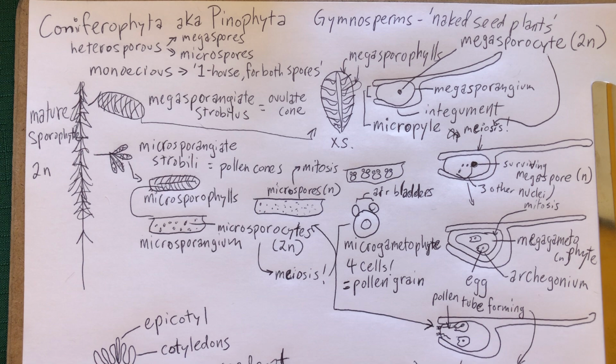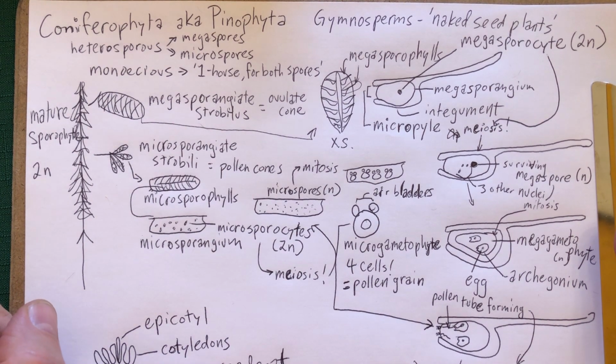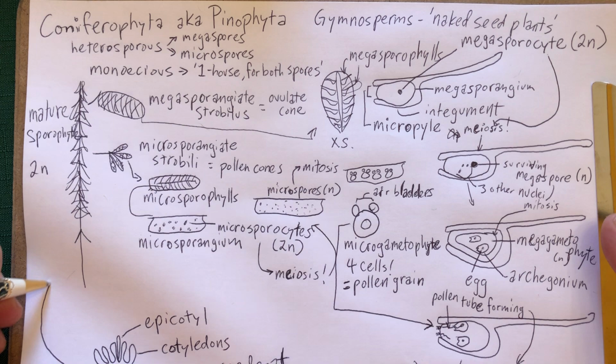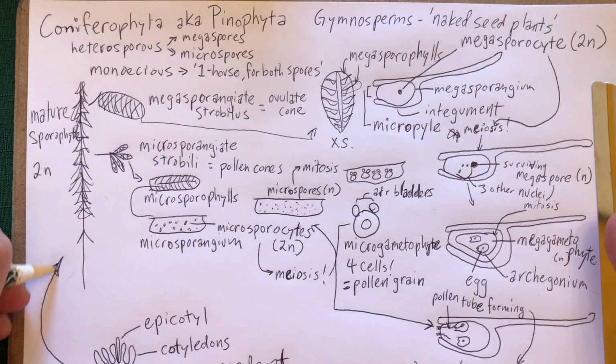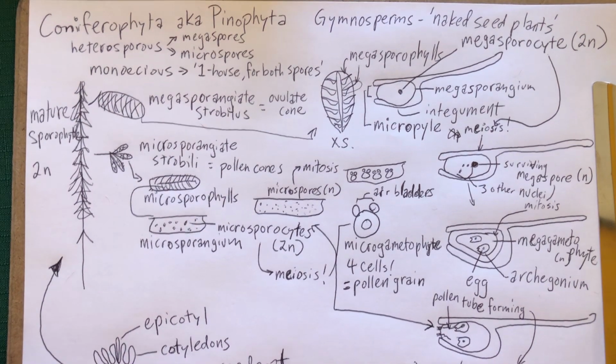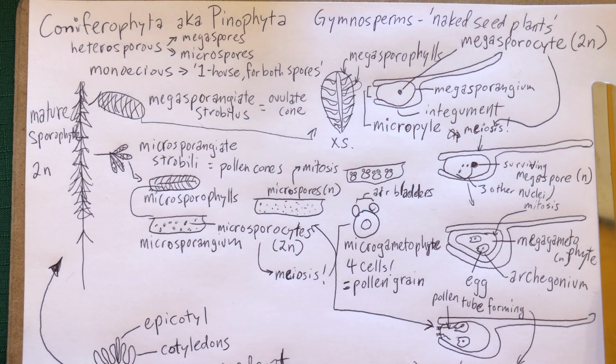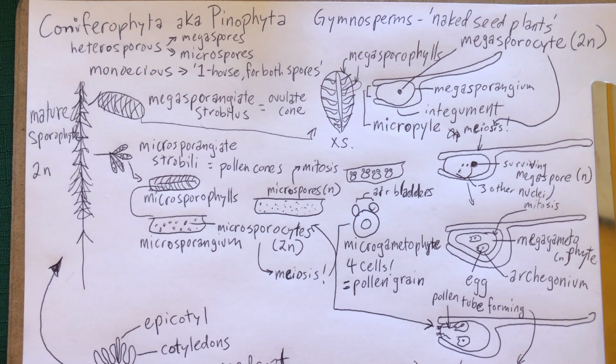But a seed, you've basically got a much better prepared for the environment type dispersal unit, because you've got an embryonic plant which already has leaves starting to form and roots and shoots and stems, plus that food supply, plus protection from the environment via that seed coat. So that embryonic plant can then grow and mature, and this is where most of its life will take place, represented by this arrow going from the embryonic sporophyte to the mature sporophyte.